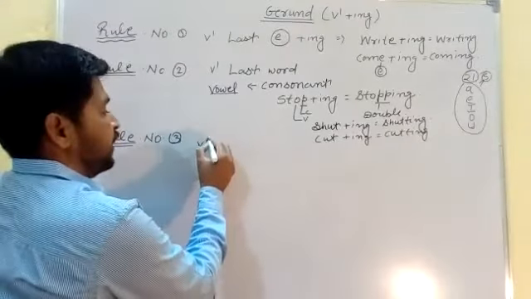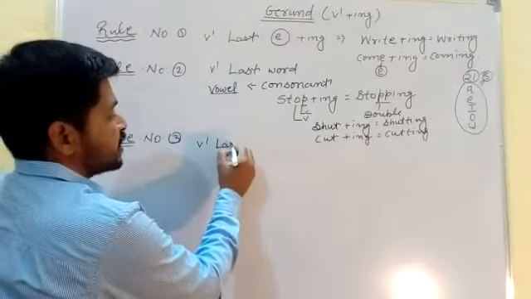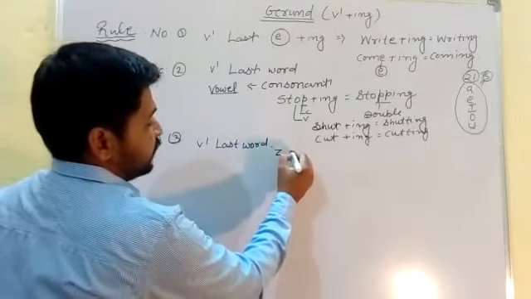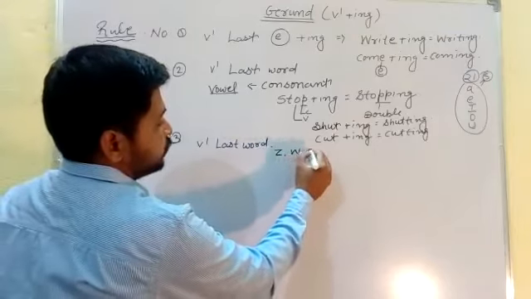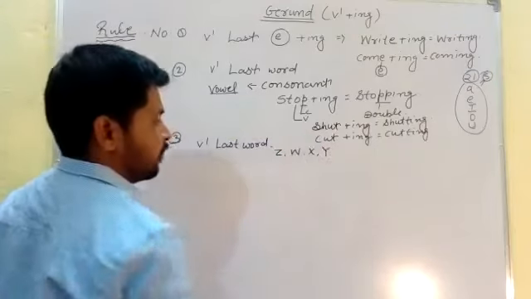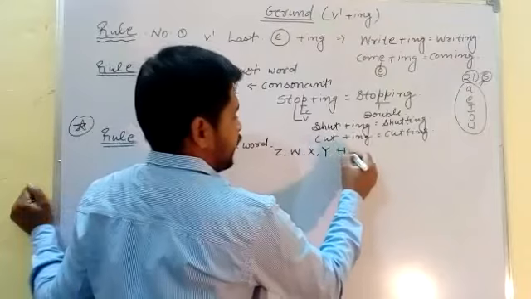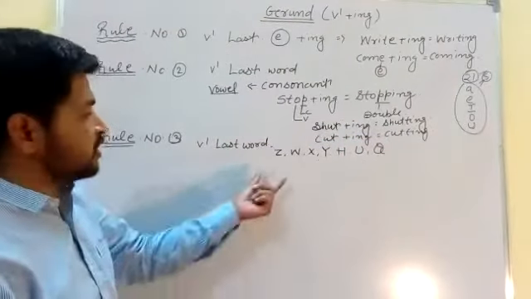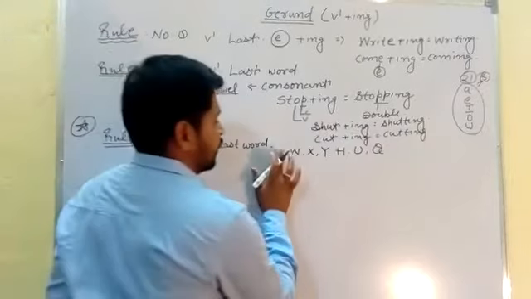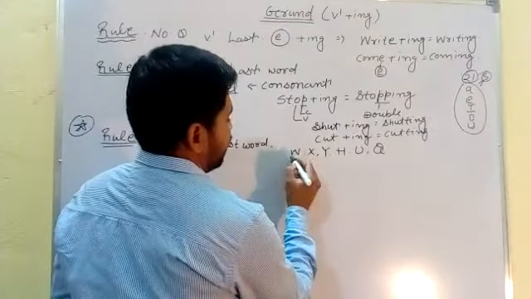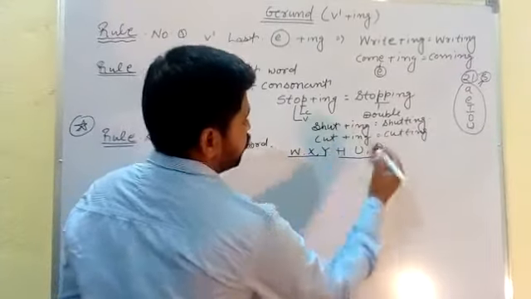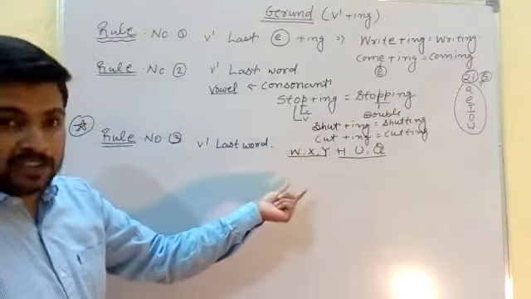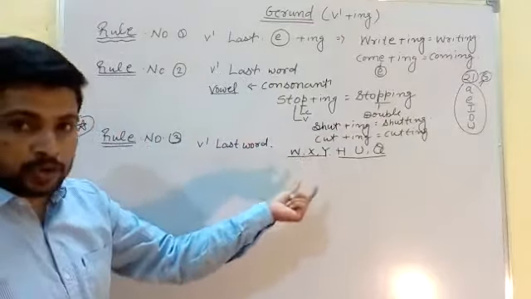If you find a first form of the verb whose last alphabet is one of W, X, Y, H, U, Q, and Z here, these types of last letters, when we include the ing, we can't double the consonant.